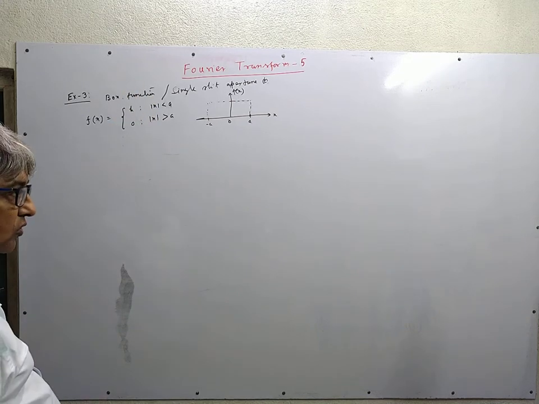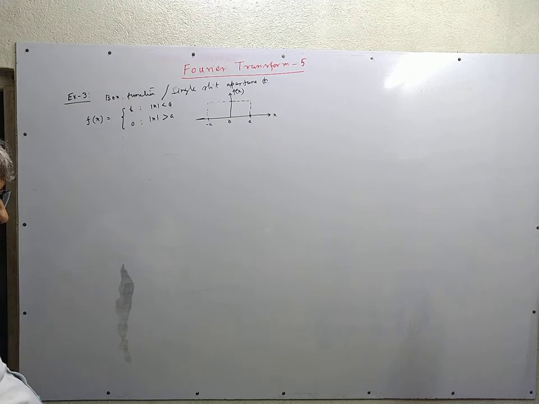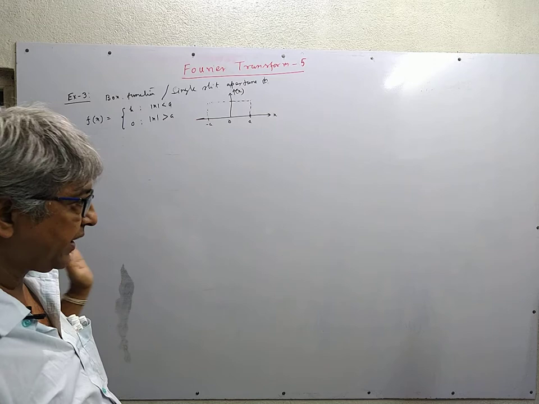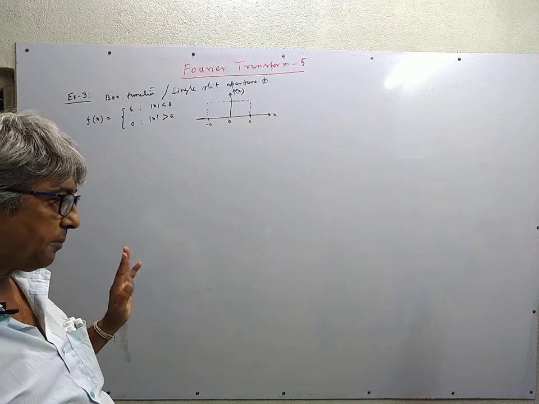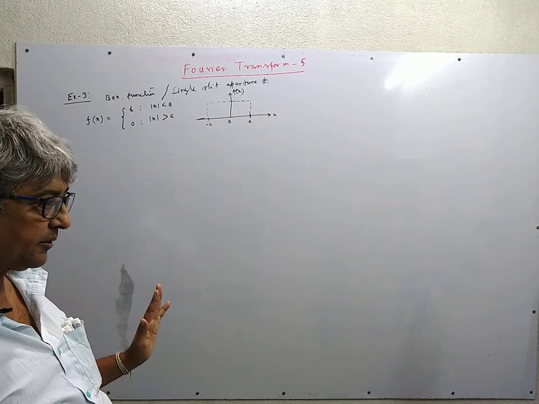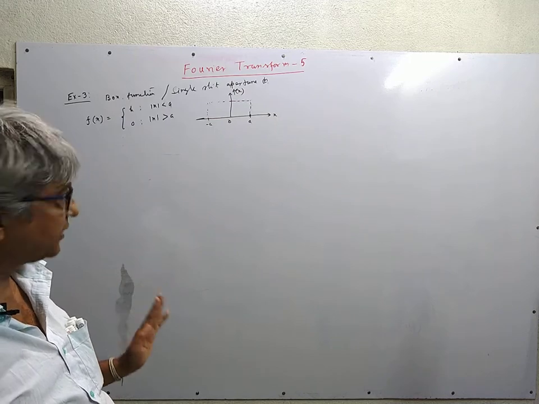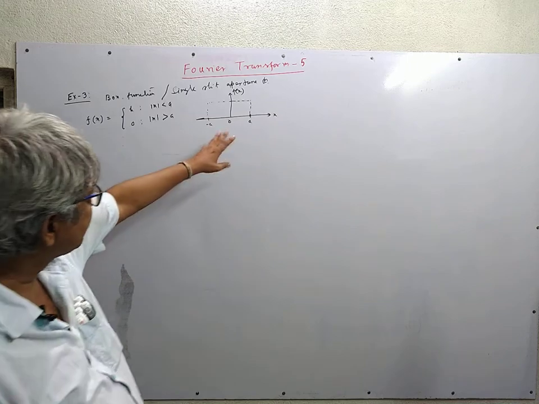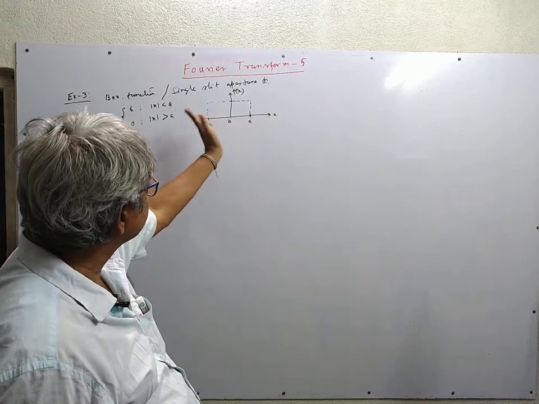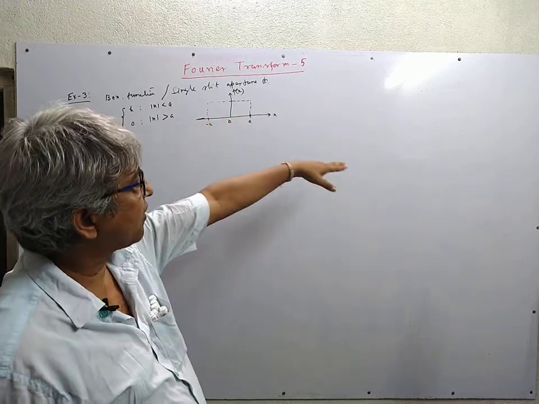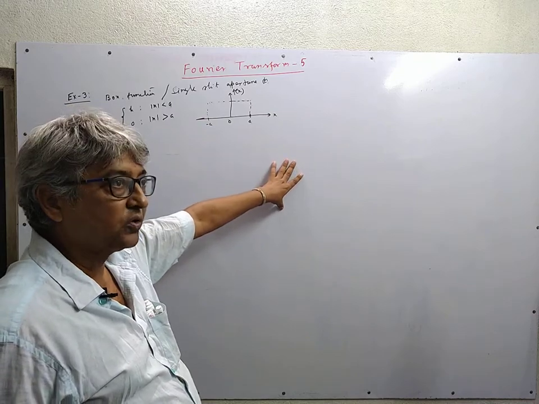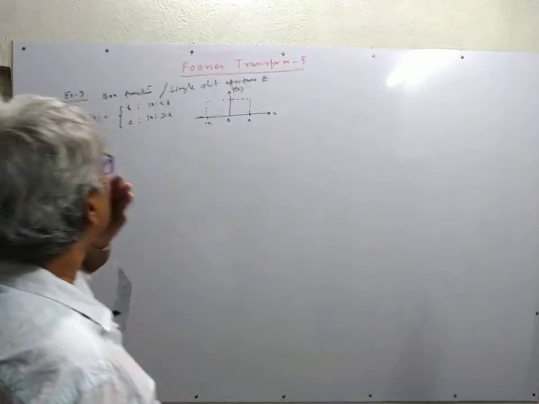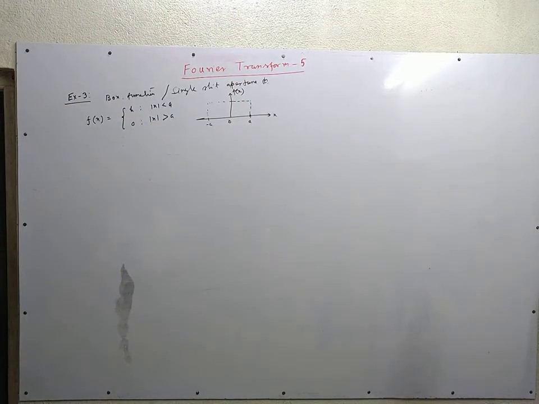This is also called a single slit aperture function, because in Fraunhofer diffraction, when a plane wave propagating in a particular direction falls on a single slit, the slit function is this, and the wave that comes out from the slit is known as the single slit diffraction pattern. We shall see that this is the same.